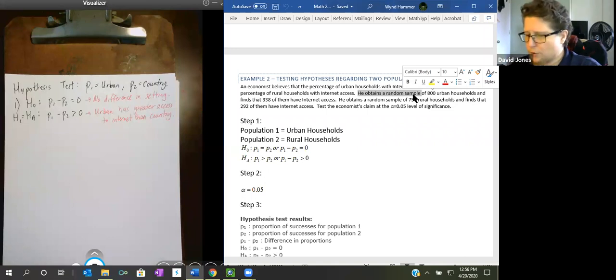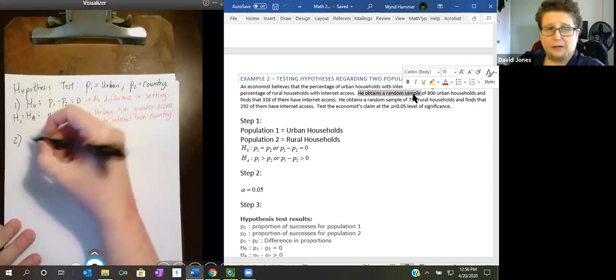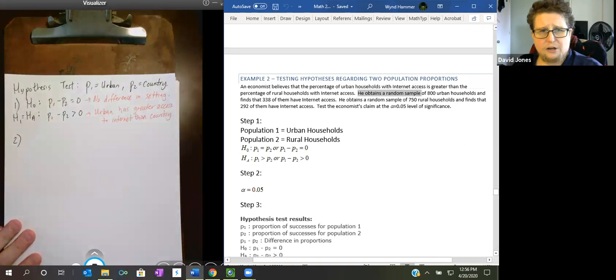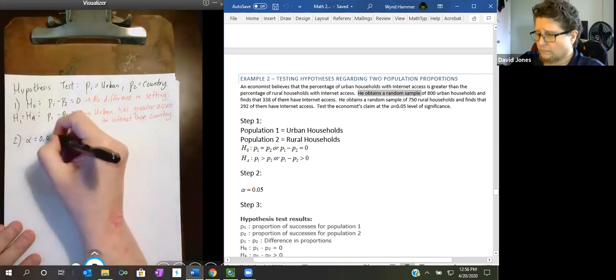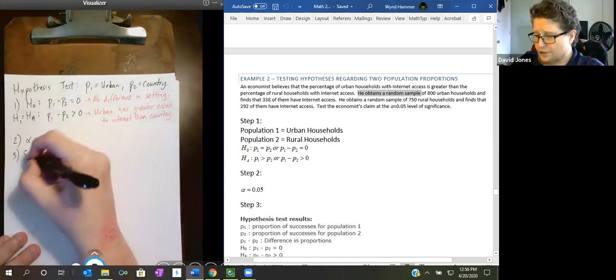Then we want to make sure we identify our level of significance, alpha, that was given to us, 0.05. And now step 3, we go to StatCrunch.